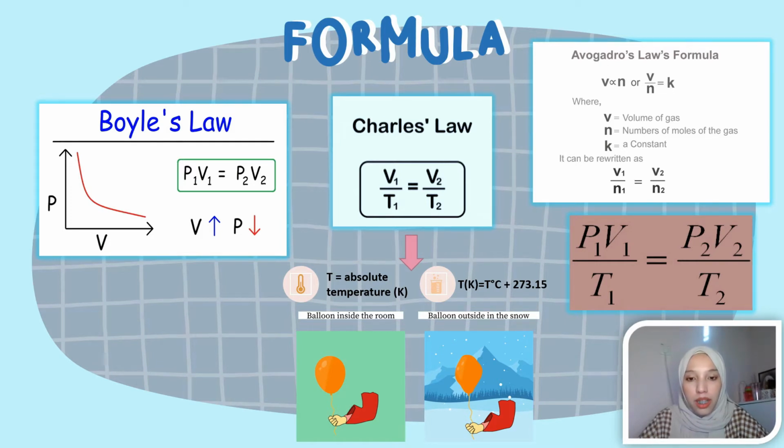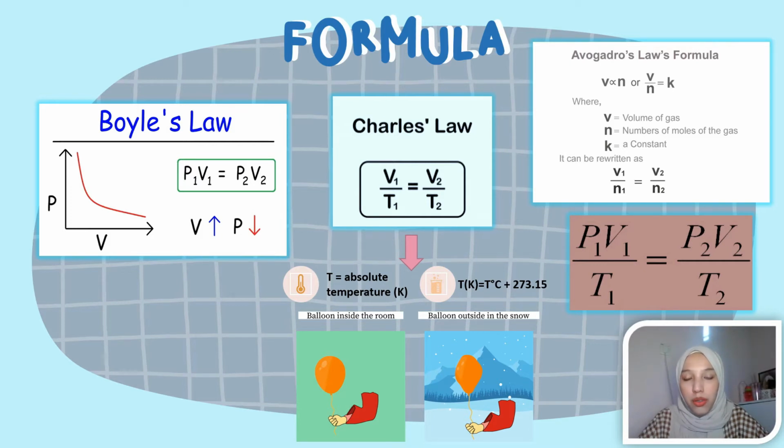For example, we can see two situations: a balloon inside the room and a balloon outside in the snow. The balloon inside the room has high volume and high temperature. The balloon outside in the snow has low volume and the temperature becomes low.